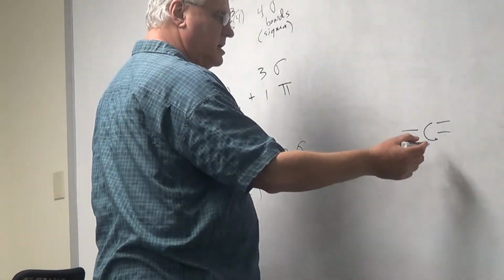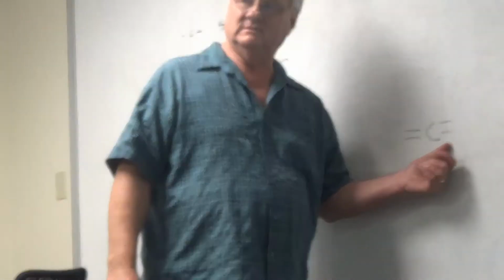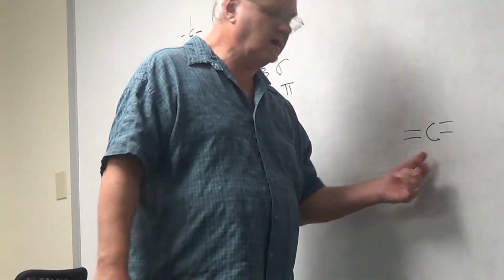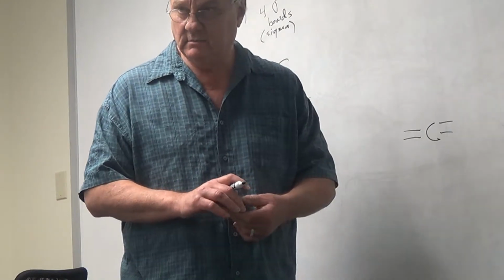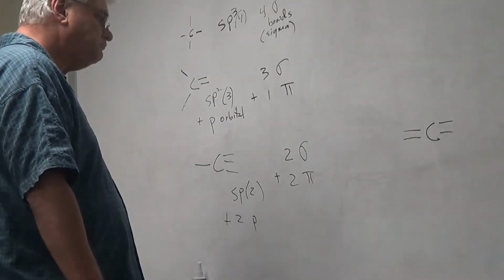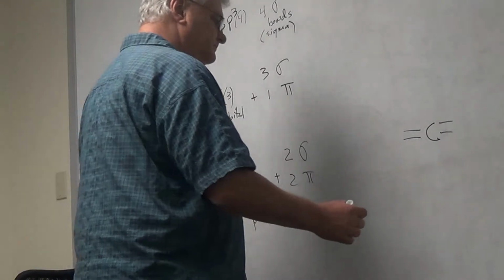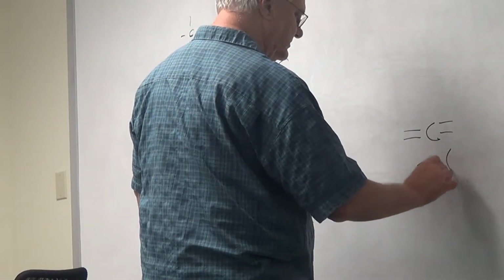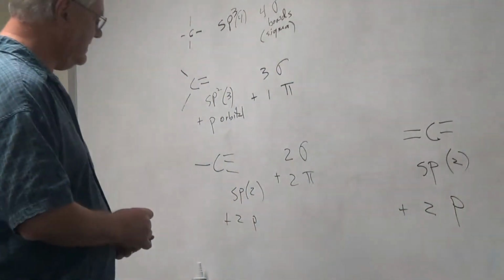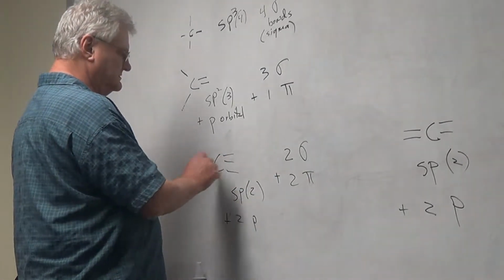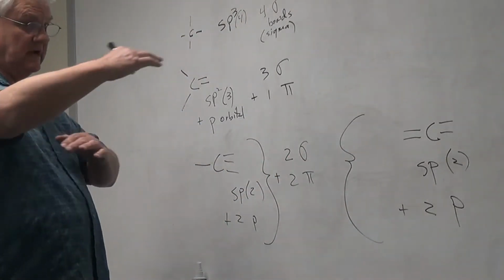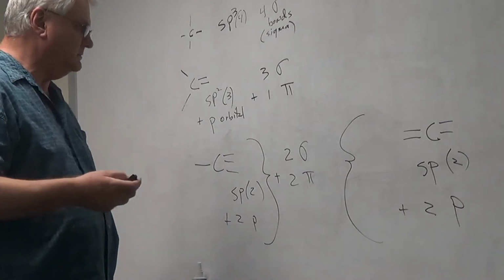You're not going to see a carbon with two double bonds very often in organic compounds. This is a type of compound called an allene, and they're not very stable. I had to synthesize some of these in graduate school, but be that as it may, it's hybridized the same way. It's sp hybridized, with two sp hybrid orbitals plus two p orbitals that didn't participate in the hybridization, and just like with a triple bond and a single bond, you're going to have two sigma bonds and two sideways p orbital pi bonds.